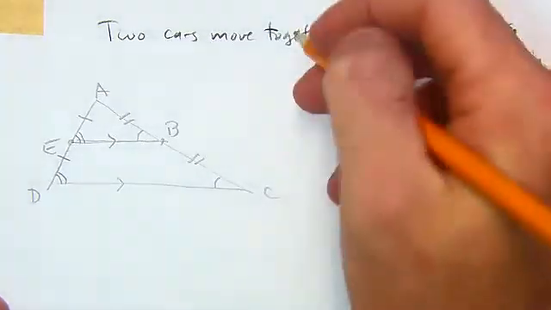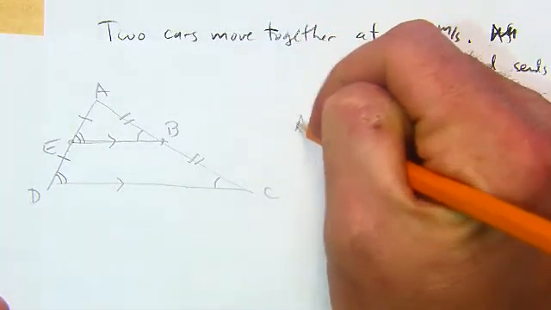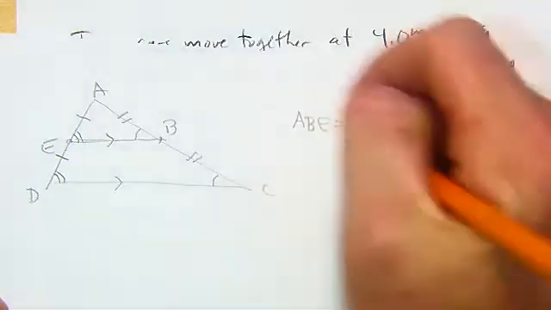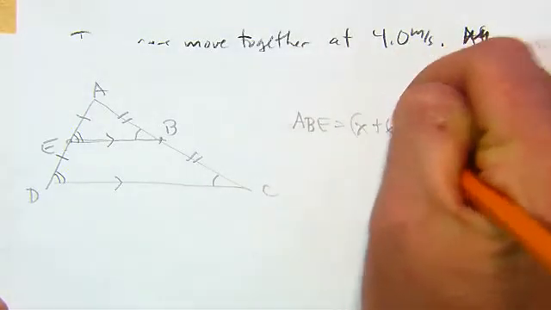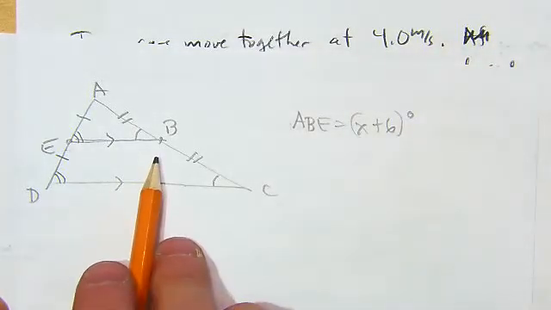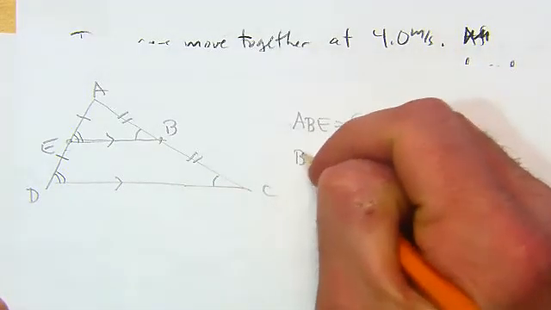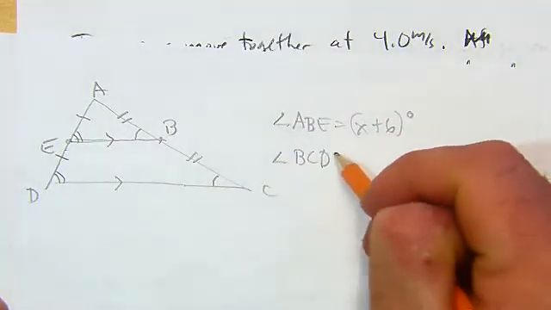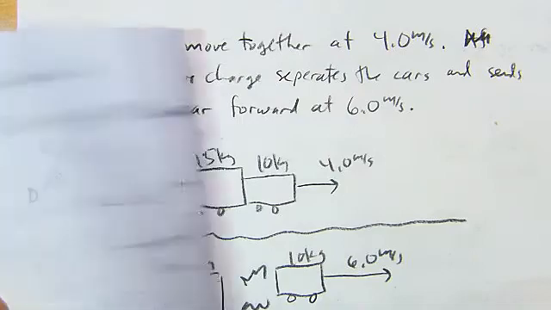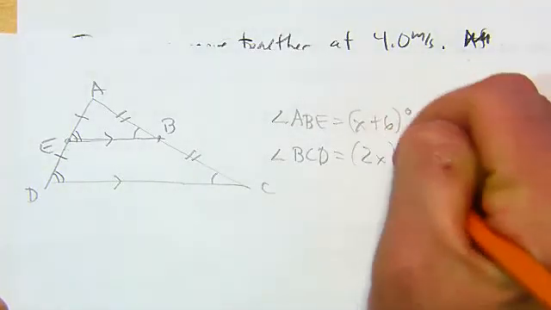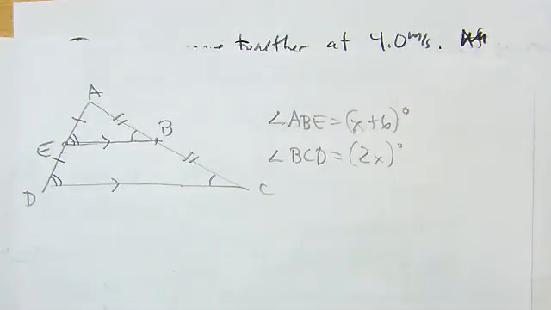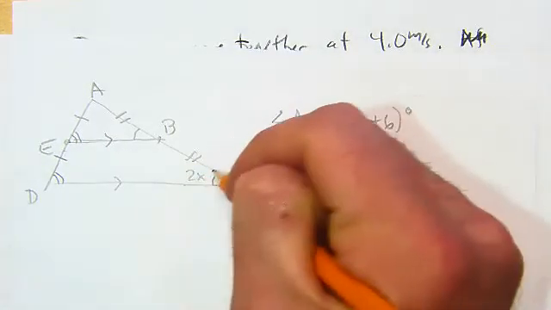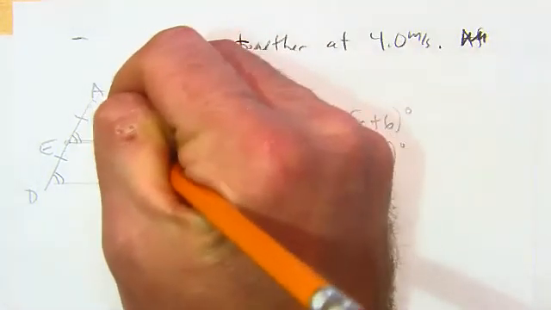So you see a problem where it'll say, well, if angle ABE equals, and there'll be some expression actually, x plus 6 degrees. And down here, angle BCD equals 2x degrees. You know, how can we solve this for x? So 2x goes here and x plus 6 here.